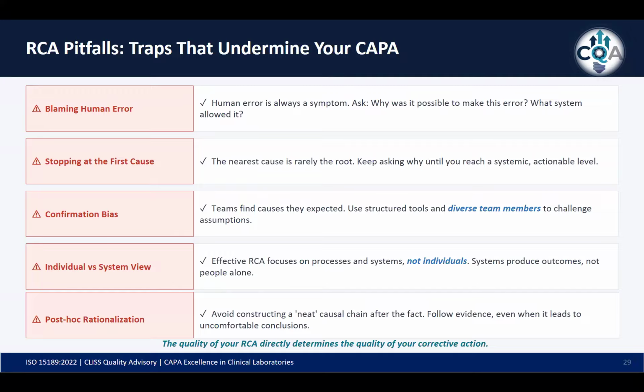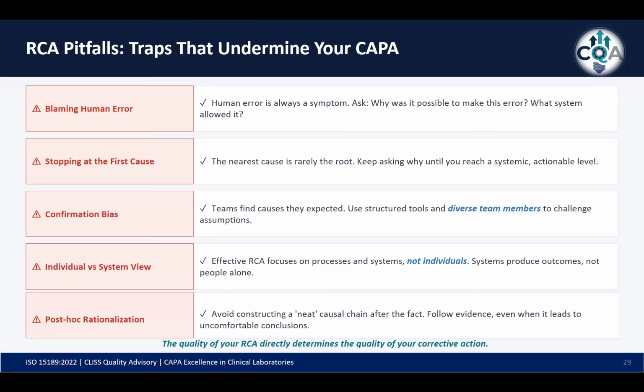Okay. And then stopping at the first cause when you're implementing the 5 whys; we're not drilling deep enough. You do one question, the second question, then you are blank. You can't even go deeper to identify systemic, actionable problems that are underlying down there.